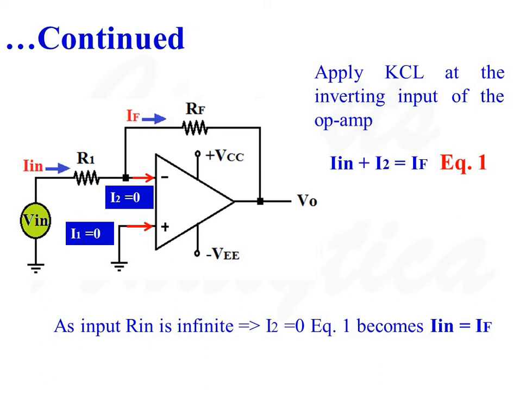That means, according to KCL, I-in is equal to I2 plus IF. KCL states that total incoming current is equal to total outgoing currents. I-in is equal to I2 plus IF. As input impedance Rin is infinite, I2 is equal to 0. So equation 1 becomes I-in is equal to IF.